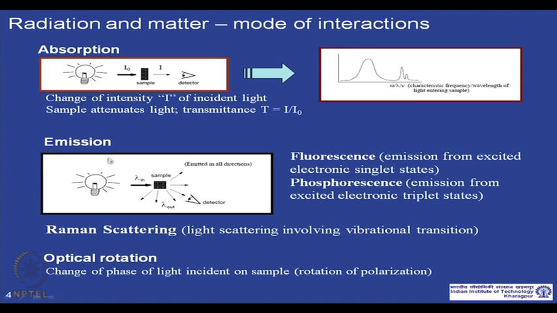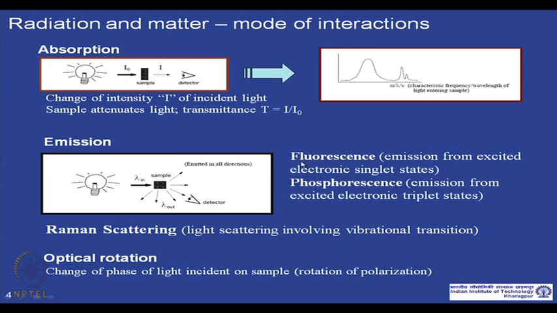In terms of emission spectra, when we shine a light on the sample, it can absorb and then emit maybe in the same wavelength or a different wavelength, and with the help of a detector we can get the intensity of this emitted radiation.